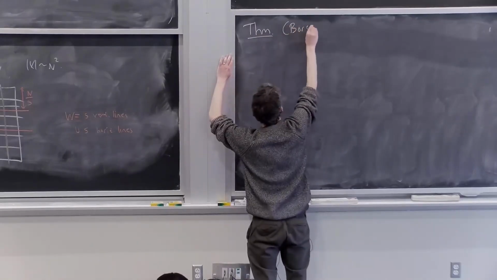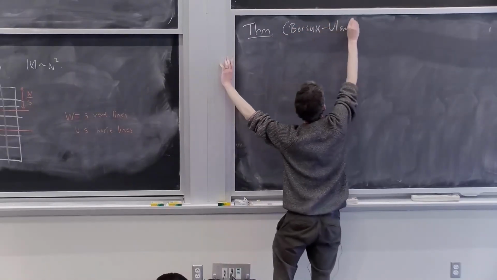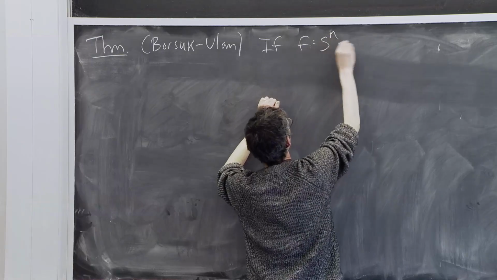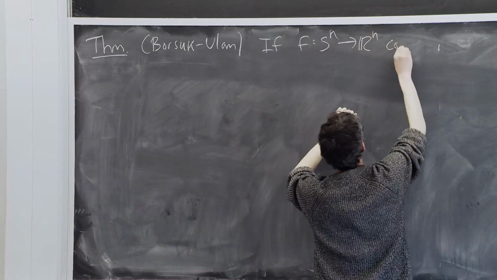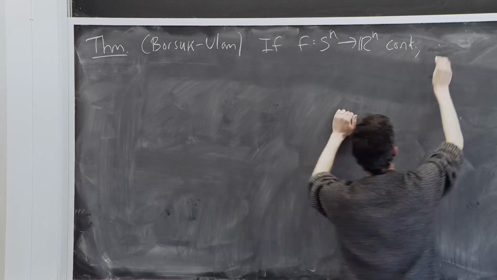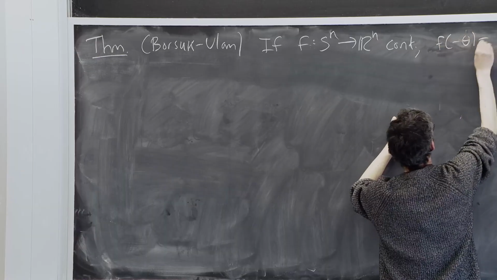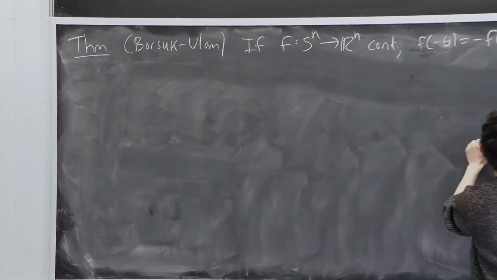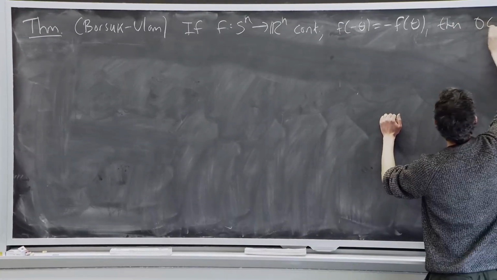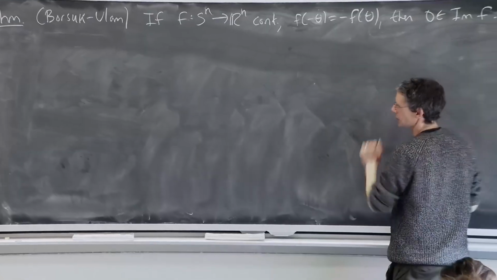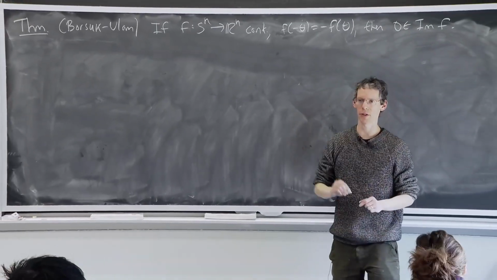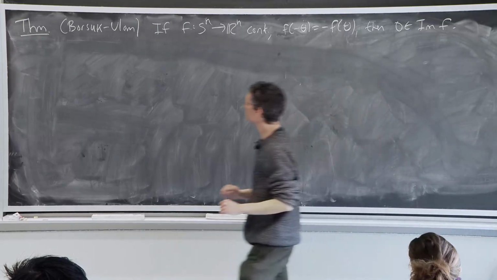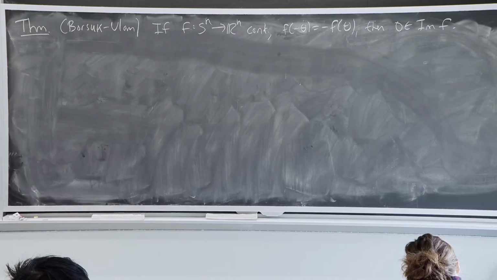So the Borsuk-Ulam theorem says that if you have a function from the n sphere to R^n, which is continuous, and it's antipodal, so that means f of negative theta is negative f of theta for every theta in the sphere, then the conclusion is that 0 is in the image of f. There is some point in the sphere that got mapped to 0.